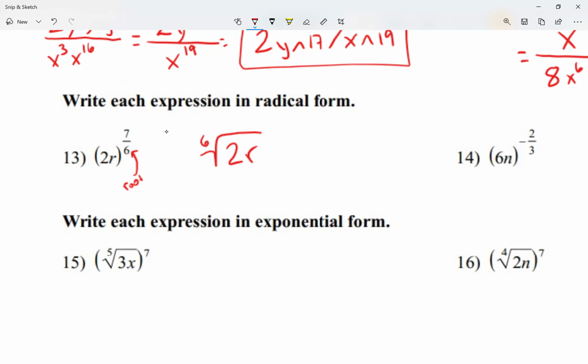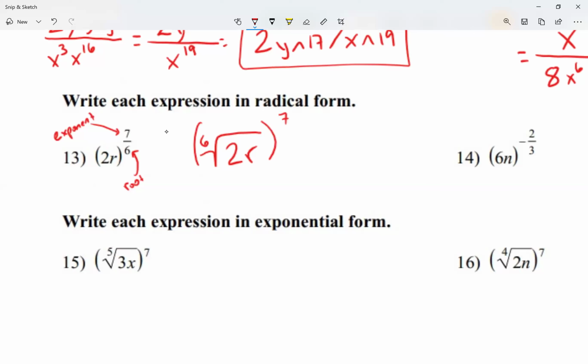I'm going to write this inside parentheses. The top number is going to be my exponent, so I keep that as an exponent. All this goes to the 7th power. That is how we're going to write it.